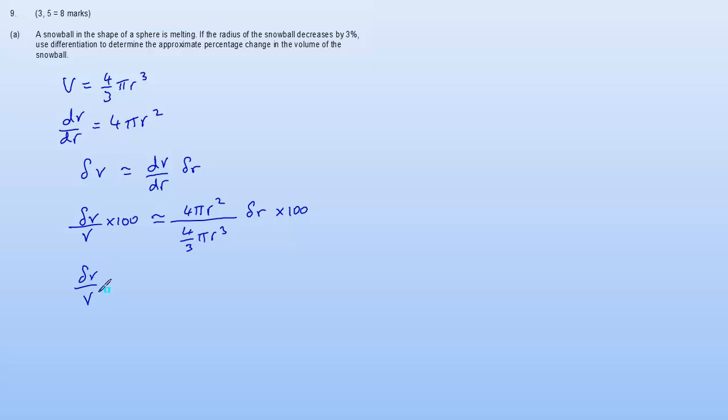So delta V over V multiplied by 100. We simplify this. 4's cancel, pi's cancel, r's cancel down to this one on the bottom, and dividing by 1/3 is the same as multiplying by 3, so the 3 comes up to the top, and we've got 3 delta r over r multiplied by 100.